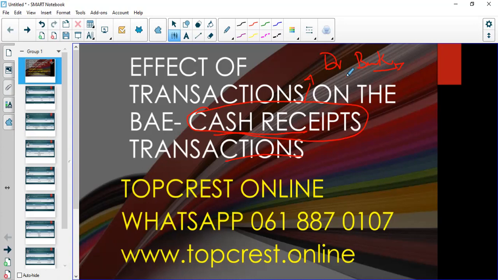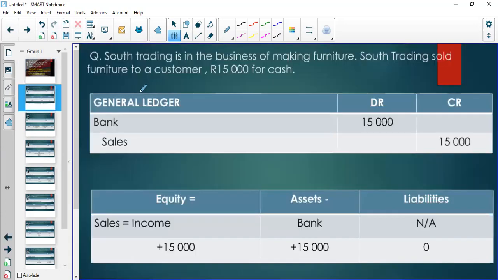But we already know that the first leg of the double entry is going to be a debit to the bank account. Then we have to analyze the transaction to determine the credit. So let's just have a quick look at these very easy and very interesting transactions.